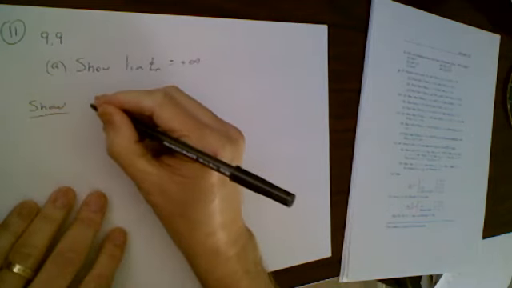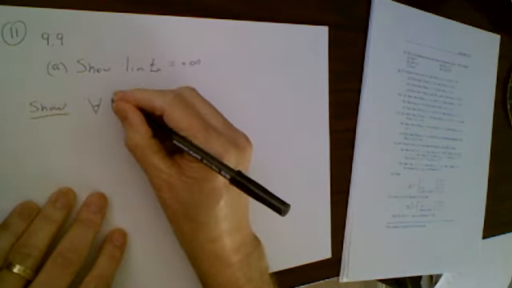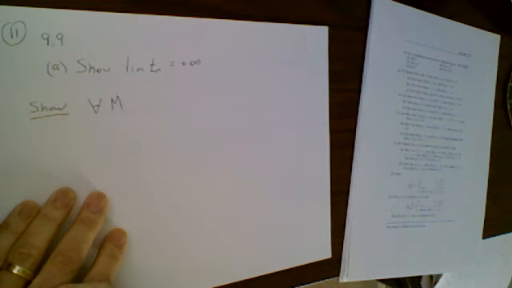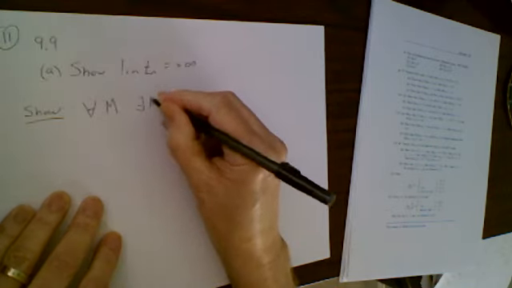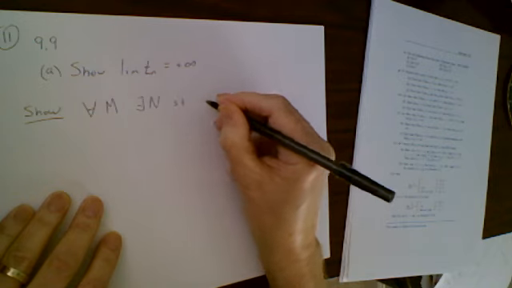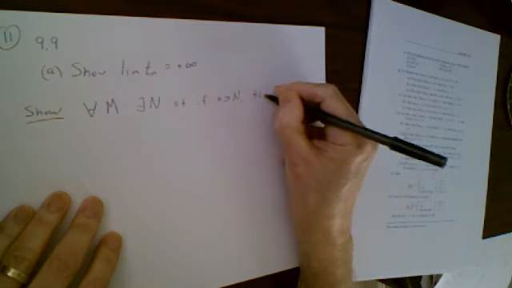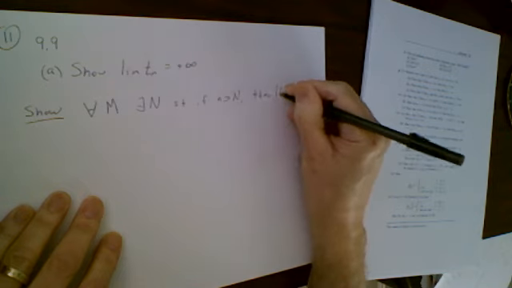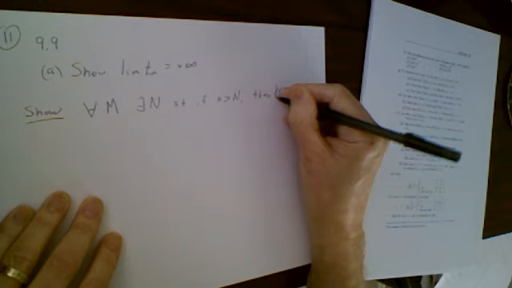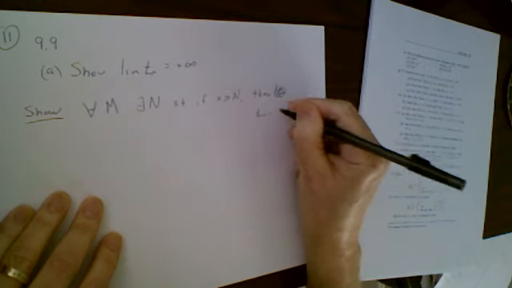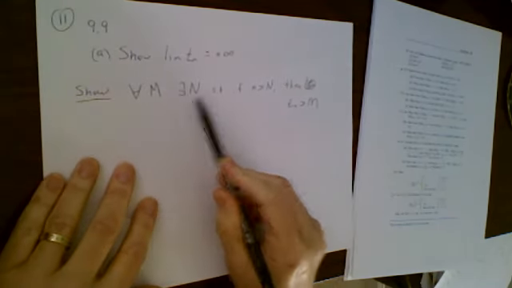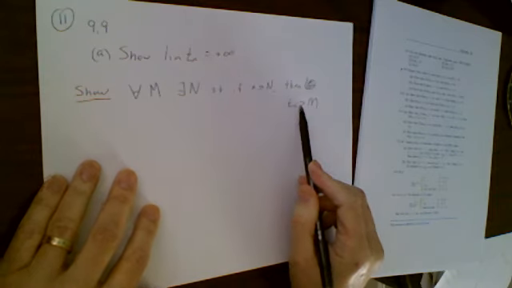So we have to show for every capital M, no matter how big a number you pick, there exists a cutoff point such that if we're past the cutoff point then the t sub n's are bigger than M. So no matter how big a number you pick, there's a cutoff point, such that if you're past the cutoff point, all the terms are bigger than M.